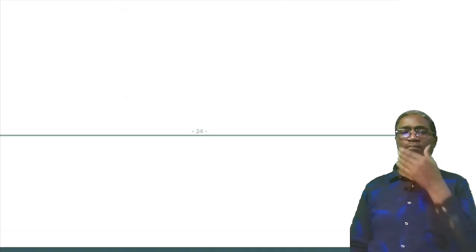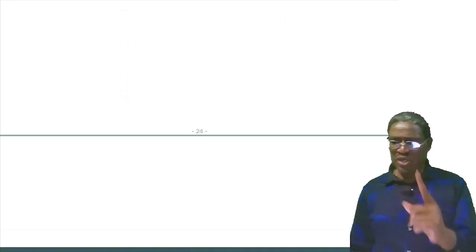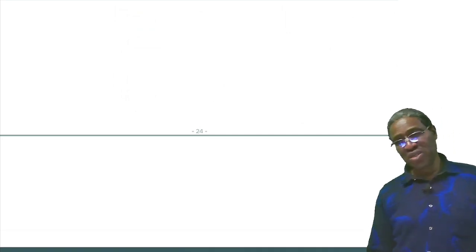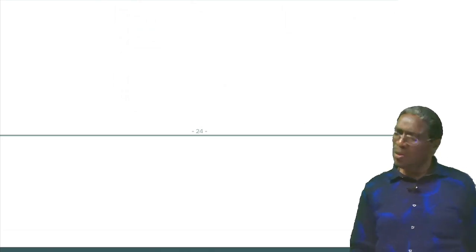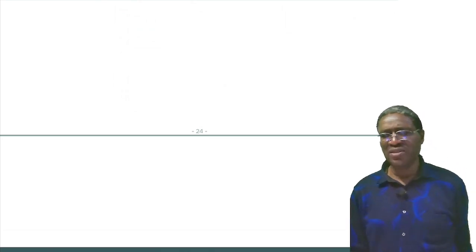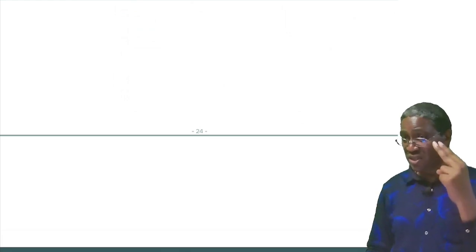Now listen. One company has two accountants, accountant A and accountant B. Both accountants were given the records of the company and they were told to prepare the income statement for the company.